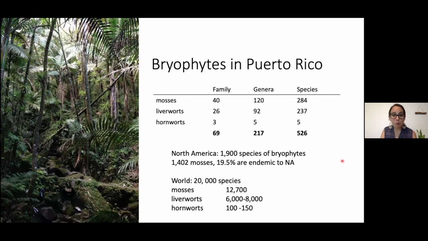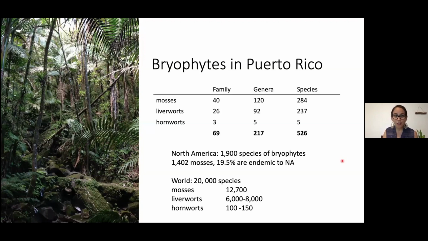When we compare that to North America, the flora of North America has a lot more bryophytes than Puerto Rico. Maybe I should have said this at the beginning, but Puerto Rico is an island in the tropics, so you would normally expect this great diversity just because it's in the tropics.